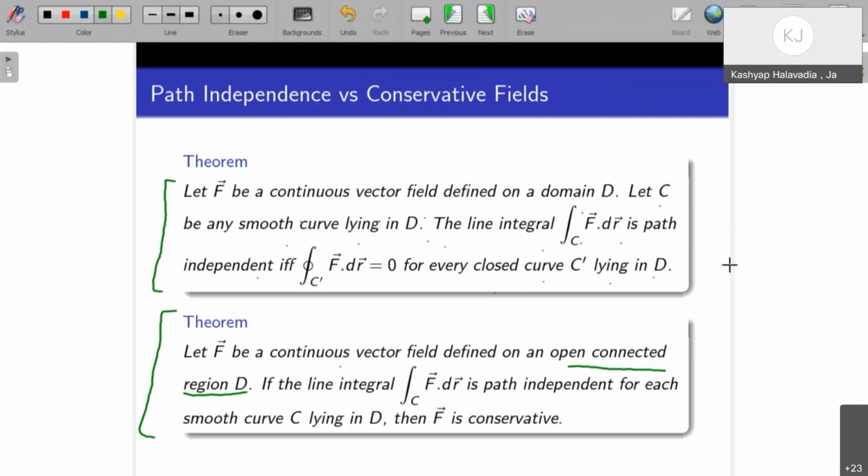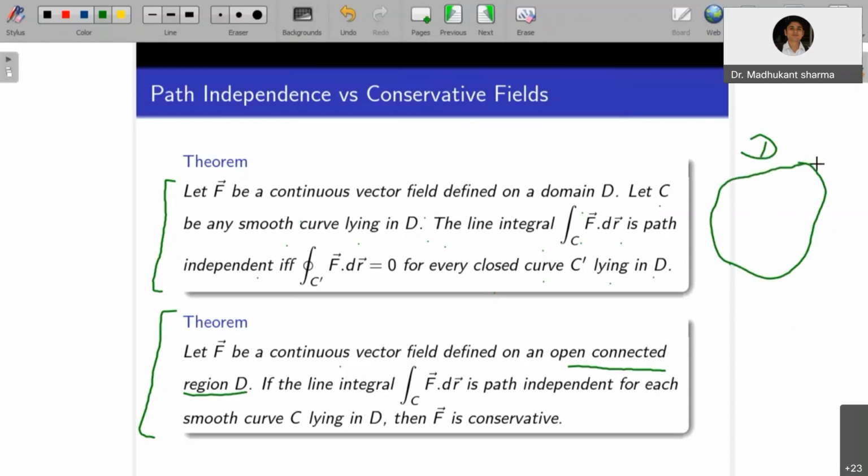Okay, so there are various definitions, but I just want to right now give you a simple meaning here. Connectedness, openness: open means no boundary points. And connected means you define any D, let's say.